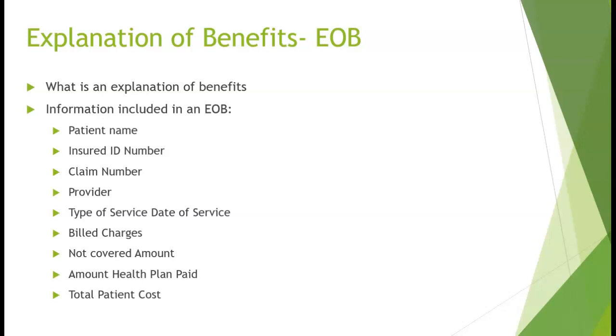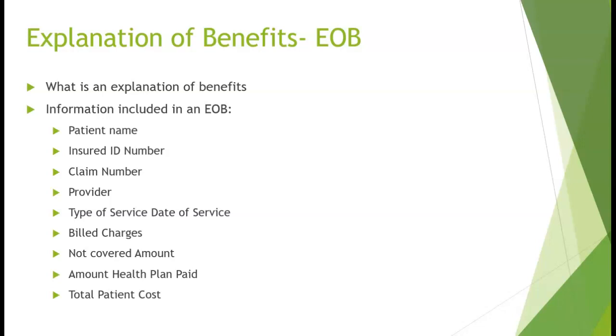But if they are a member of a health maintenance organization, an HMO, that pays their doctor through capitation, which is a set amount of money each month to care for the patient, they may not receive an EOB because their doctor is not billing the insurance company. This type of arrangement is not common, but it is possible.